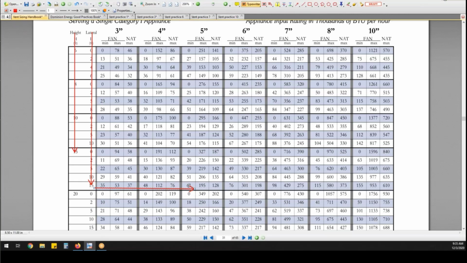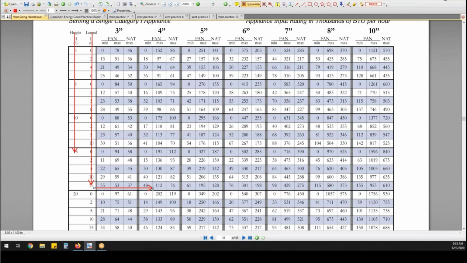I need 61,000 BTUs of heat energy at a minimum to keep a 5-inch diameter pipe hot enough. So that won't work, okay? So I got to come back here, and the whole thing has got to be 4-inch.